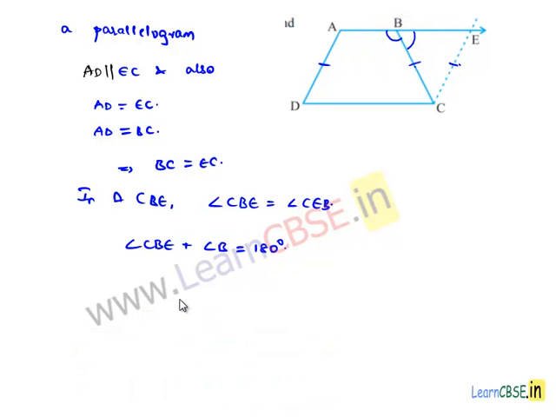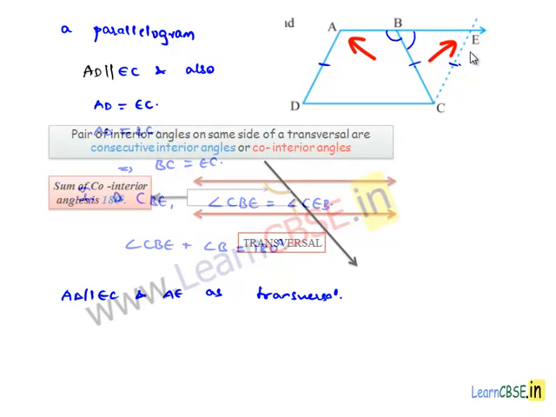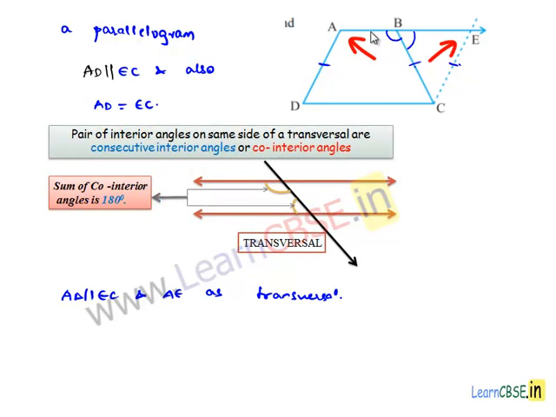Now, if we consider that AD is parallel to EC and AE as transversal, then angle A and angle CEB lie on the same side of the transversal. We know that the sum of angles lying on the same side of a transversal is equal to 180 degrees. We can say angle A plus angle CEB is equal to 180 degrees.